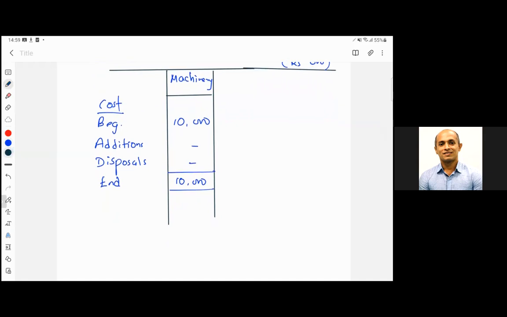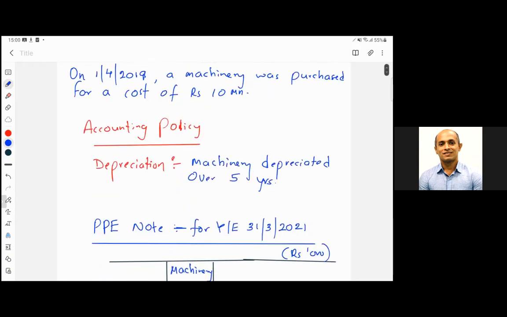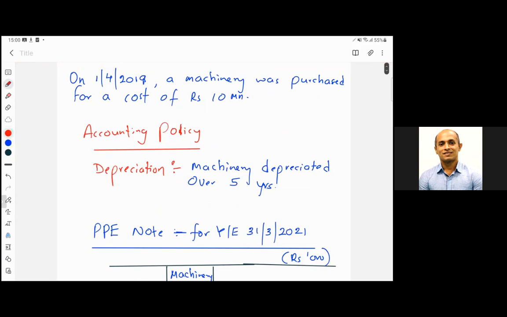Then you can depreciate. So you can have depreciation. How much is the beginning depreciation balance? Machinery was purchased on 1st April 2019, so the beginning of the year is 1st April 2020.